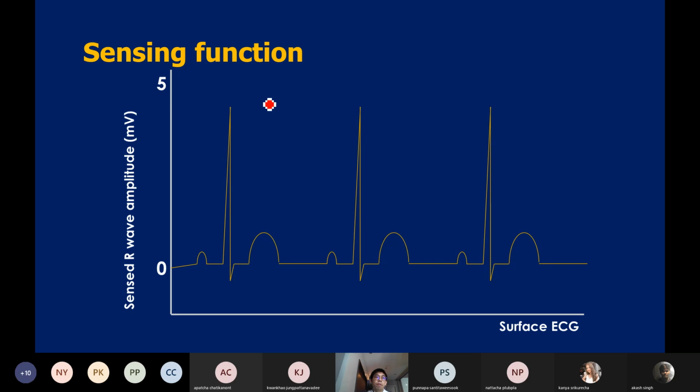If you are in the ventricle, you should see the R wave on the ECG. If the sensed R wave amplitude is high, like 7 millivolts, compared to a pacemaker that could sense the R wave at 2 millivolts, the 7 millivolts is called better sensing because the pacemaker could see the same R wave, but the first one sees it bigger than the second one.